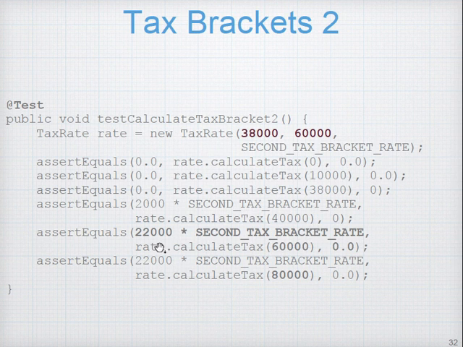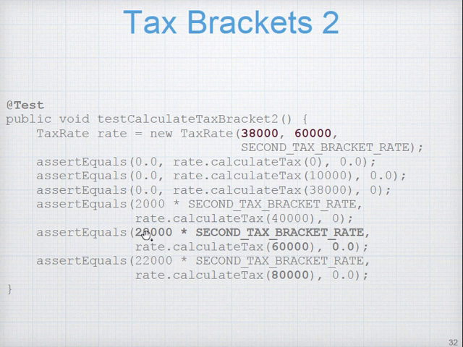Okay, and for the 60,000, I reduced by the 38,000 in the first bracket, so the remaining in the second tax bracket is 22,000. Even if it goes higher, the additional $20,000 from 60,000 to 80,000 will go to the third tax bracket, so it does not affect the second tax bracket outcome.